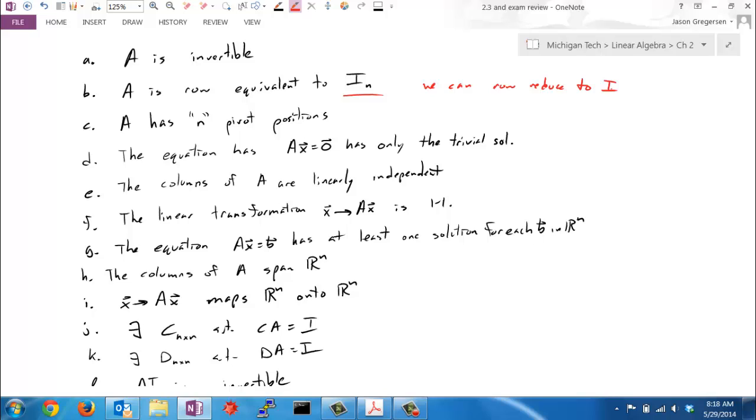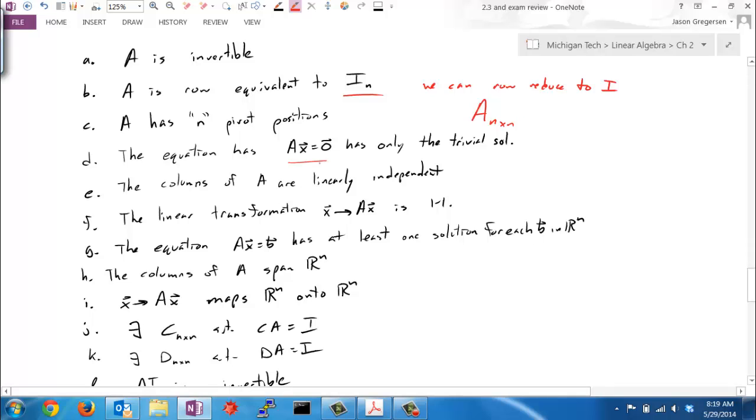Why? We know A is n by n, and if it's invertible, it has to be 1 to 1 and onto. So it has to have a pivot position for every row and every column. How many rows are there? n. So it's got to have at least n pivot positions.